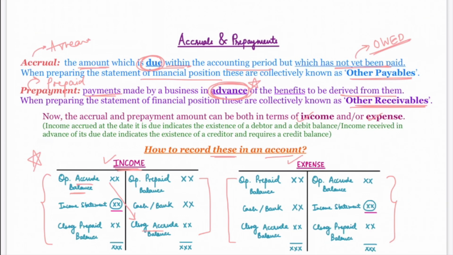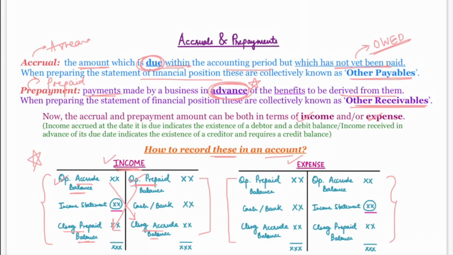Then the prepaid balance will be on the credit side, that is the opening one, and the closing of that will be on the opposite side. So you just have to remember the opening balances, whether they come on debit or credit, and then the other two balances will be on the opposite side. So you have remembered 4 parts of the format by just remembering 2.